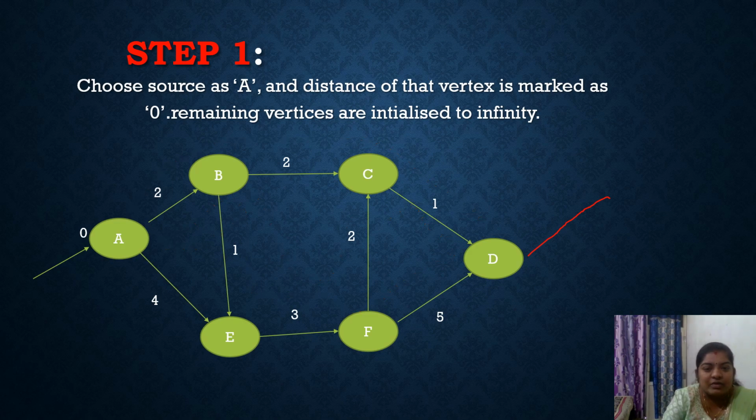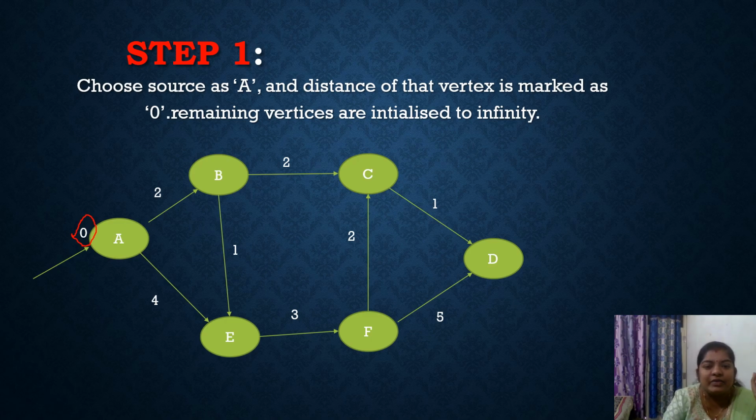Okay. So in this, consider the first step. I can simply traverse the graph from source A. So the first step is choose source A and the distance of that particular vertex is marked as 0. At the initial stage, the distance of the current node can be treated as 0.